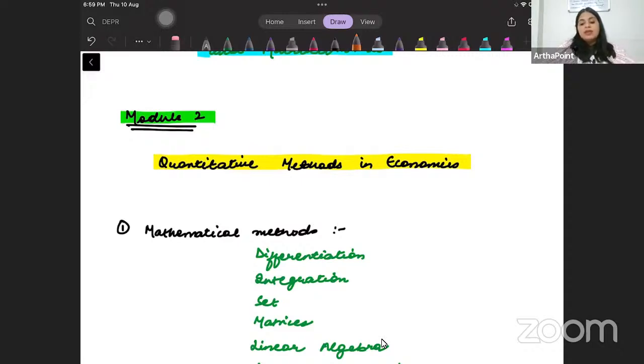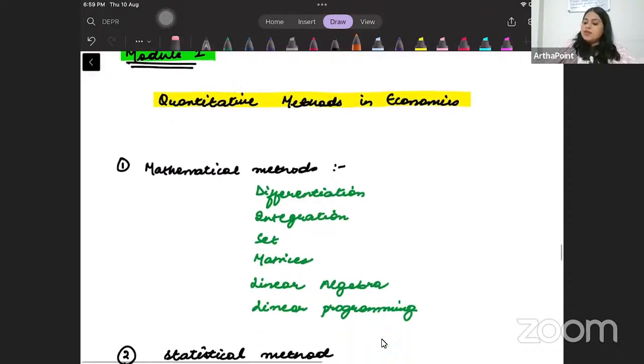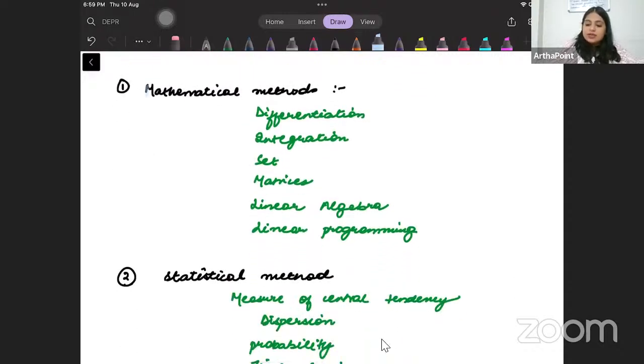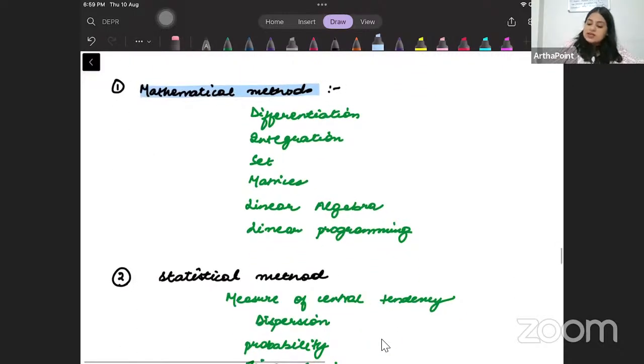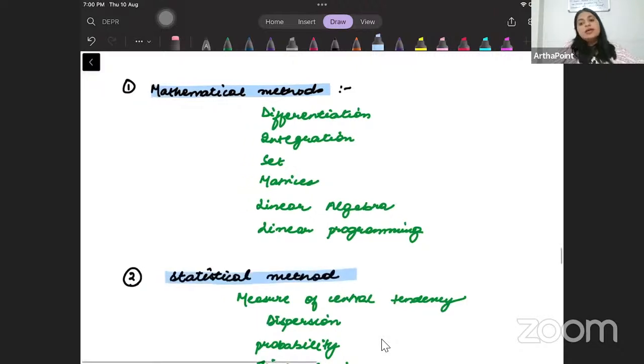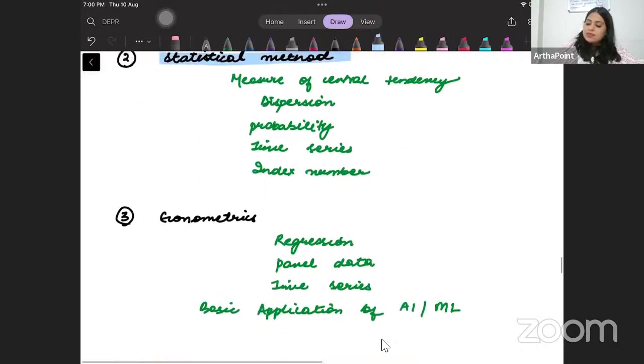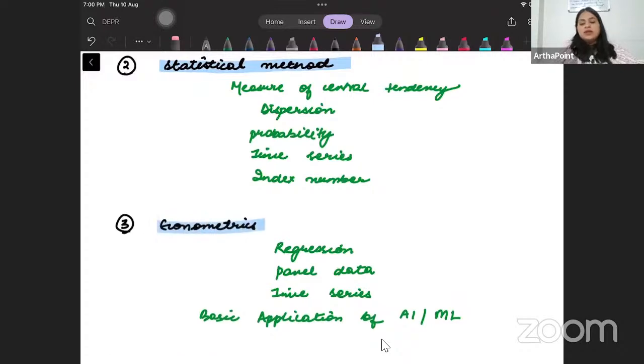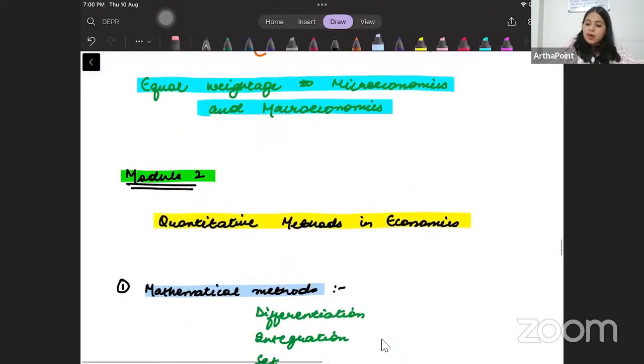Quantitative methods can be divided in 3 parts. The first one is mathematical methods. The second is statistical methods. And third is econometrics. So we can divide it into 3 parts. This is module 2, paper 1. So paper 1 will be maths, mathematical methods, and quantitative methods actually. And second will be Indian economics.